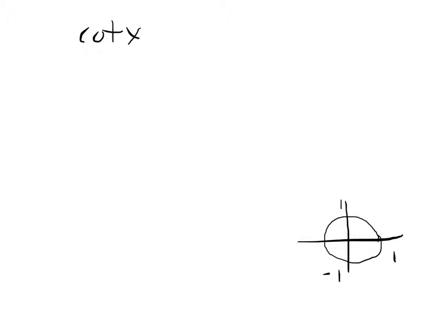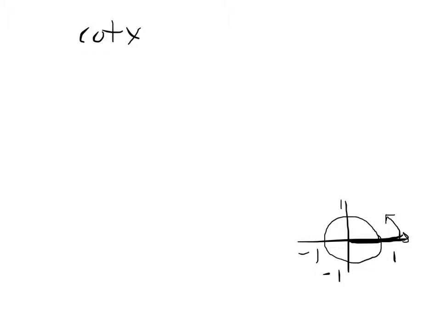So let's take a look at our cotangent graph, and we're actually going to graph it from scratch. Let's consider our angle here in standard position, unit circle. So 1, -1, 1, and -1 here. And let's consider we've got our angle here that we're going to start spinning around in the counterclockwise direction, heading from 0 to π/2.